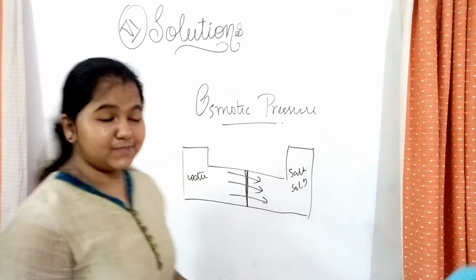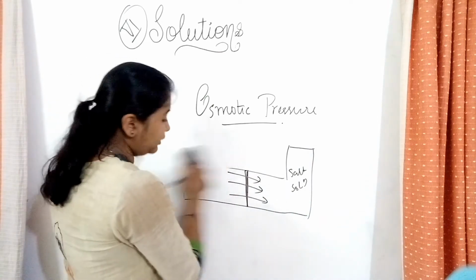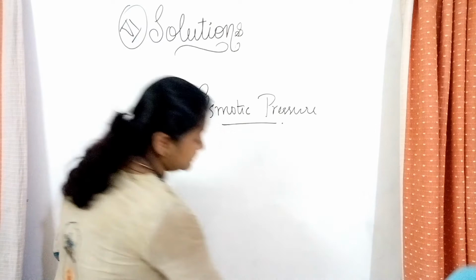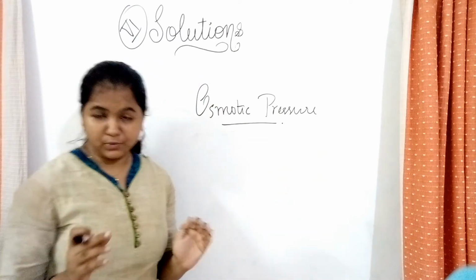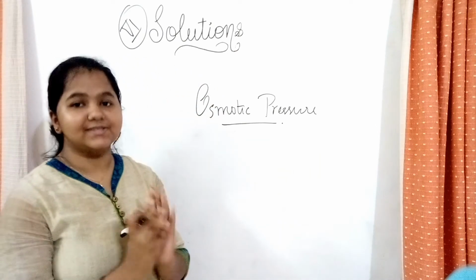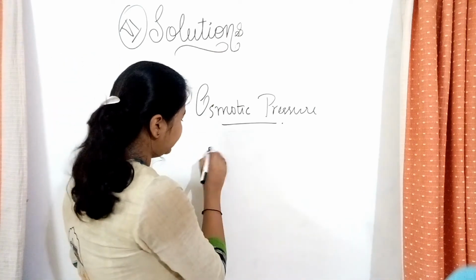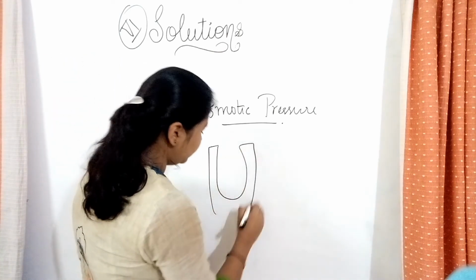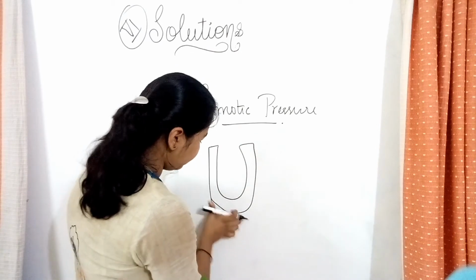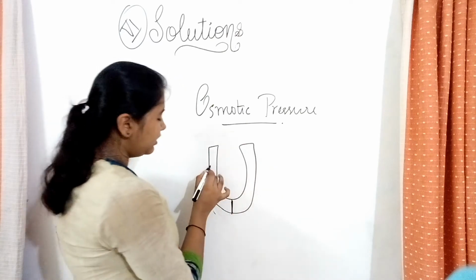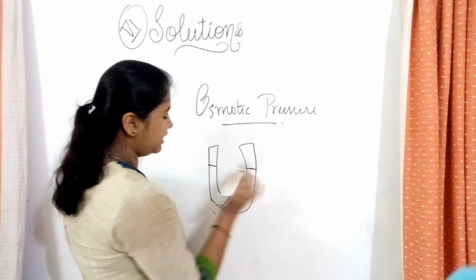So now what is osmotic pressure? Osmotic pressure is the pressure at which the osmosis between two substances is stopped. Let's take a U-shaped tube. In that, we have a semi-permeable membrane over here, and here are our solutions.